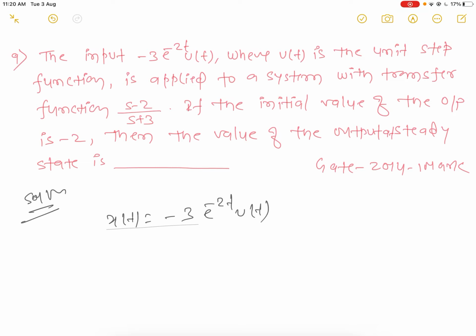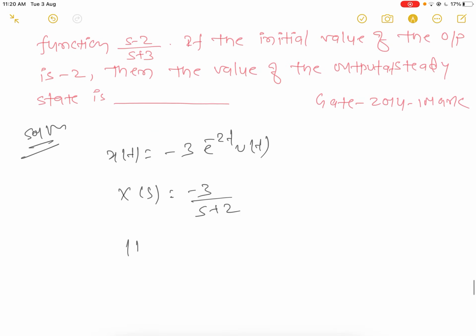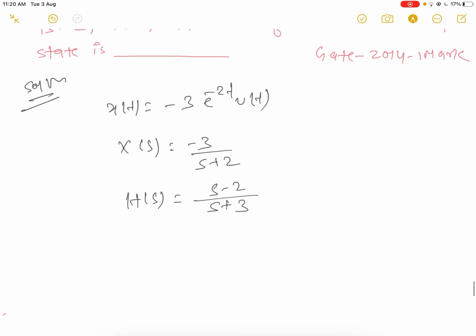Okay, so X(s) will be minus 3 upon s plus 2. Then H(s) is given as (s minus 2) upon (s plus 3). So Y(s) will be minus 3 (s minus 2) upon (s plus 3)(s plus 2).